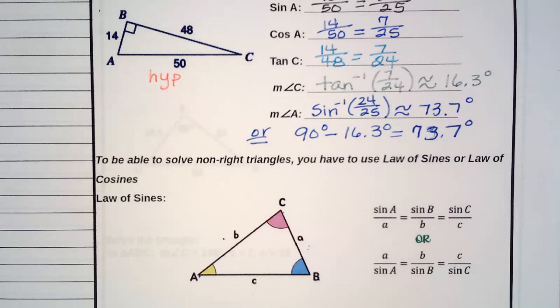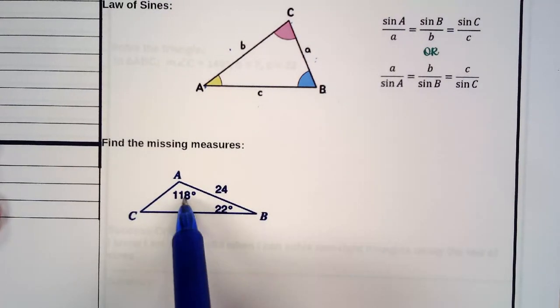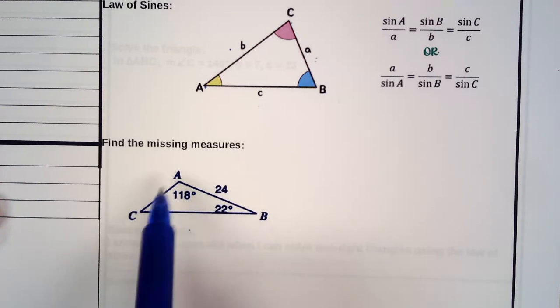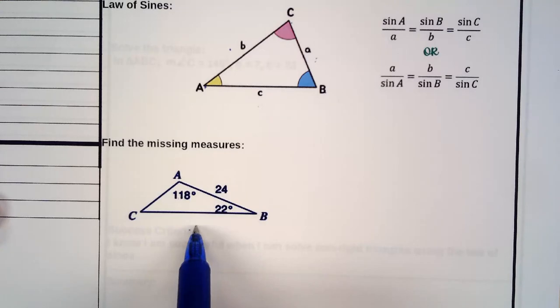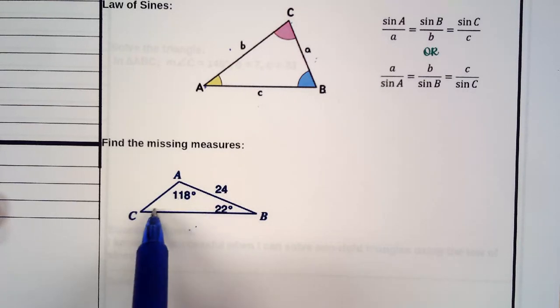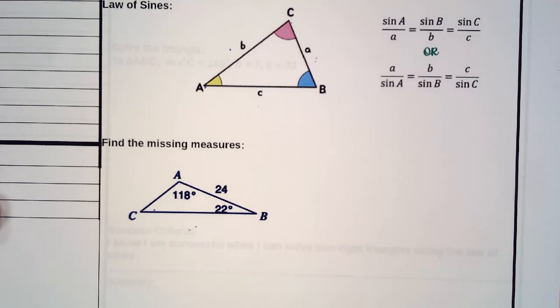So if I'm looking at finding the missing measures, I've got to have a matching pair. I've got to have an angle and the opposite side. Now, I've got this side here, but I don't have the angle. How can I find that angle?